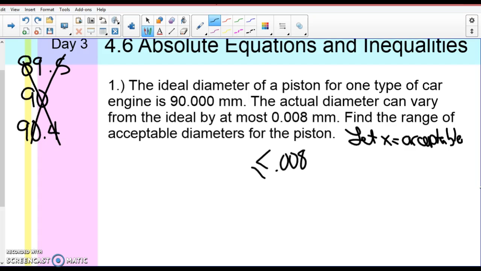But you guys realize, or agree with me, that if I take x and I subtract 90, and I'm going to make that absolute value, that has to be less than or equal to 0.008. Why am I making it absolute value?